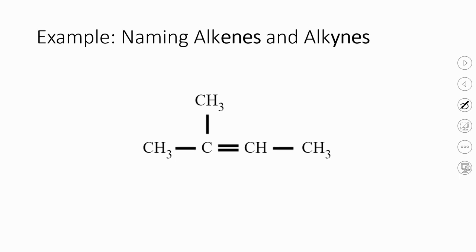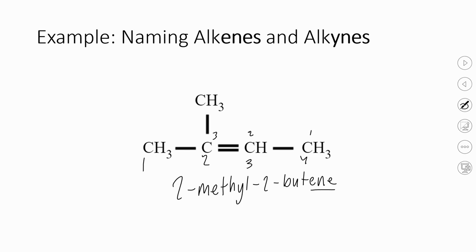What do you call this one? 2 methyl 2 butene. Good. Yes. Ene because there's a double bond. It's at the 2 position, and I agree with you. We should go this way instead of this way, because either way the double bond will start at 2, but this way we reduce the methyl. So good. I agree with that. You see that? Great. So we're just adding on to what we already know. So hopefully it's pretty straightforward.